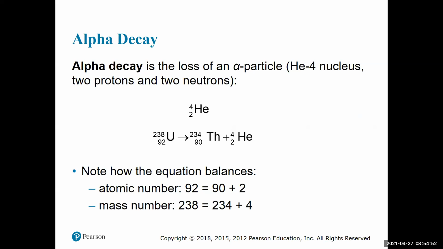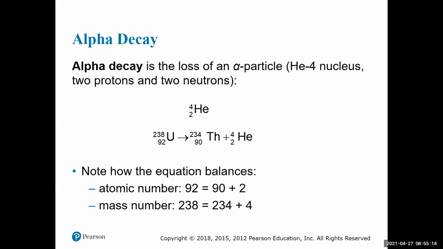Okay, so let's look in a little more detail at these. When we talk about alpha decay or alpha emission, we're talking about a loss of an alpha particle. Remember that alpha particle is defined as the helium nucleus, 2 protons, 2 neutrons. So there's our symbol, He, and then the 4 and the 2.